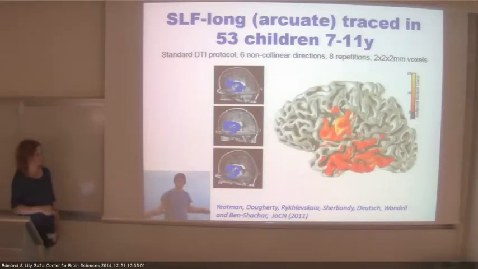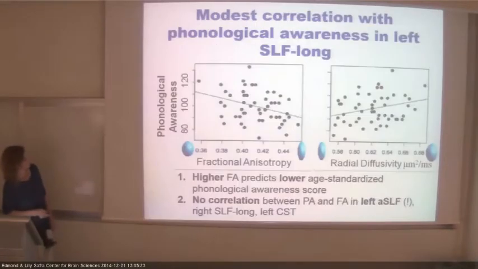And when you take all kids together, you can see a lot of variability in terms of the temporal endpoints of these pathways. And you can see that in terms of the frontal endpoints, they tend to connect pretty much the precentral gyrus and the most posterior part of the pars opercularis with various parts of the temporal lobe. Okay?